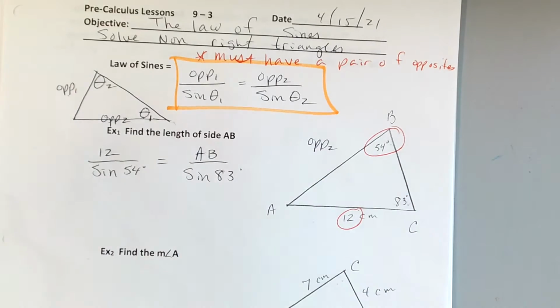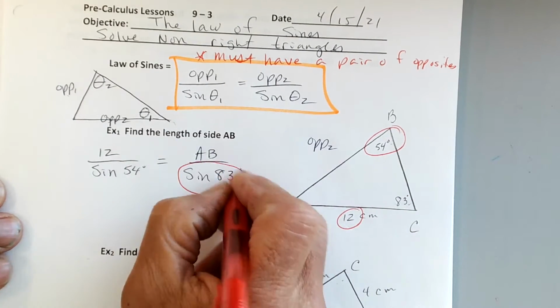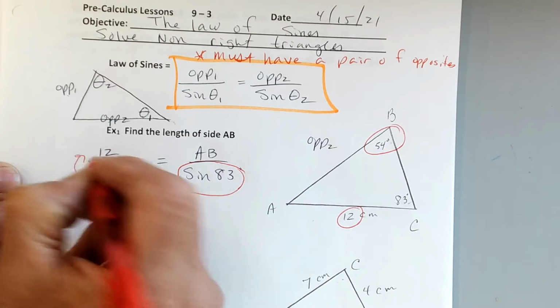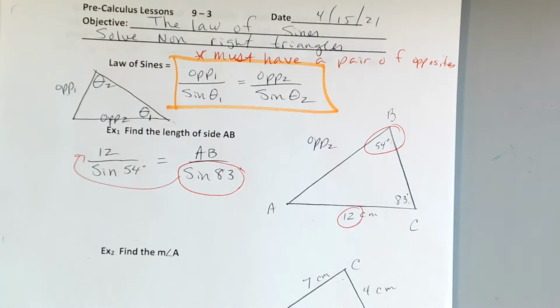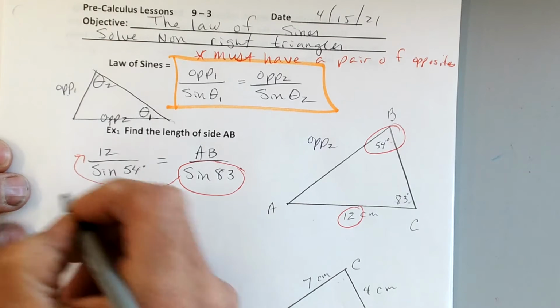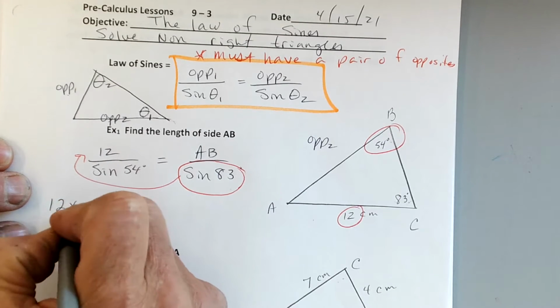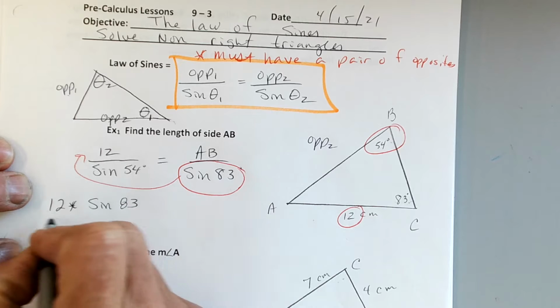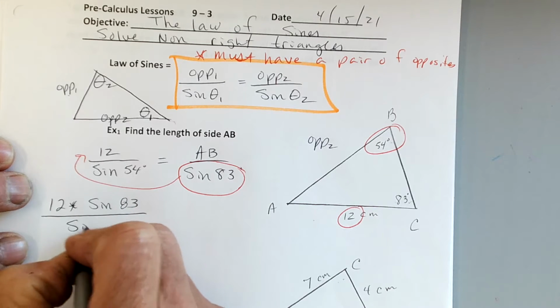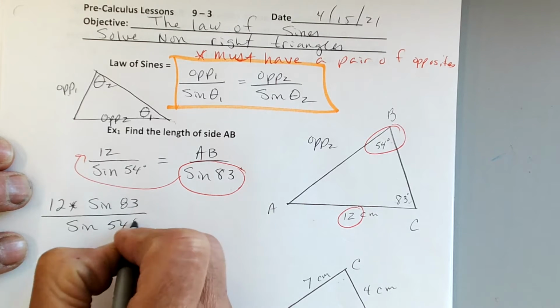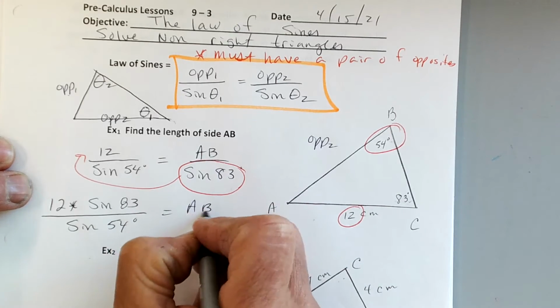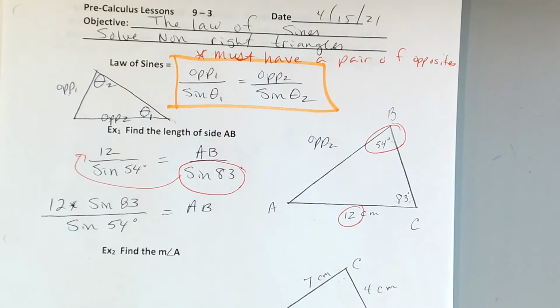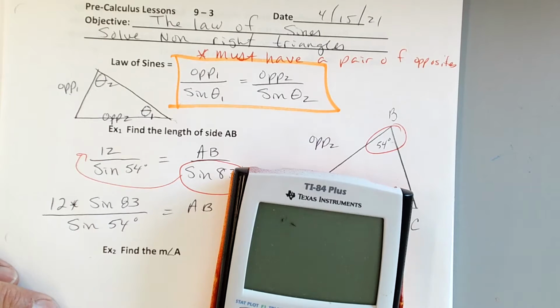Okay? Now, I'm just going to solve. To solve, I'll multiply the sine of 83 up. I'll have 12 times the sine of 83 divided by the sine of 54 is AB. And just use your calculator to get the answer.